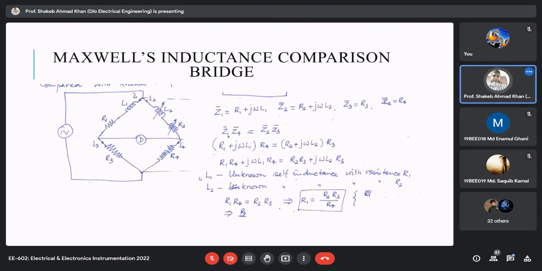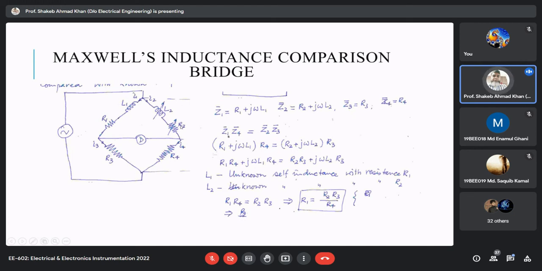So this is the circuit of Maxwell's inductance comparison bridge. It has 4 arms, and the first arm we are making the unknown arm. Here we have a coil whose resistance is R1 and inductance is L1, and we want to measure them. The bridge will let us know this value in terms of the other 3 arms.